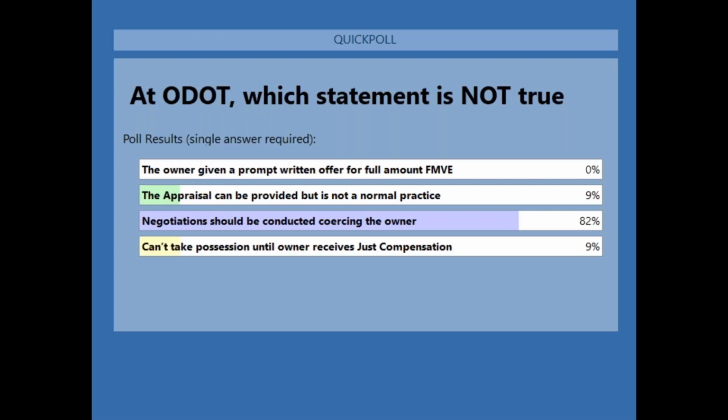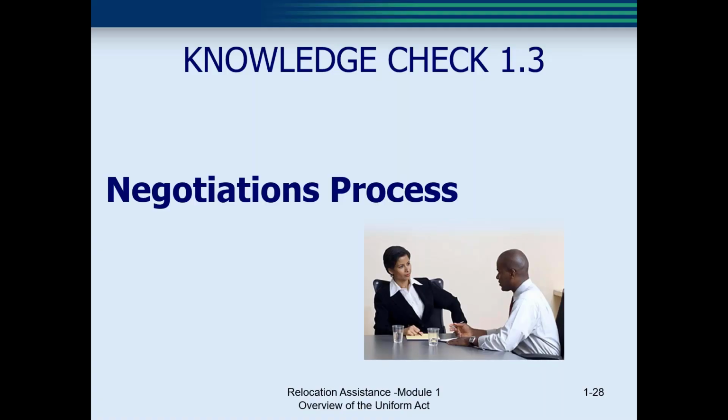Very good. I'm glad you guys know that you can't twist their arm behind their back. Absolutely, you cannot coerce the property owner. Very good. Question number 2.